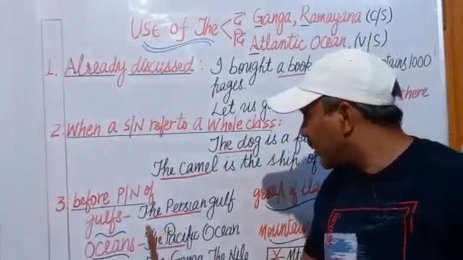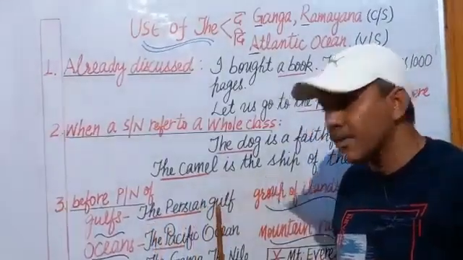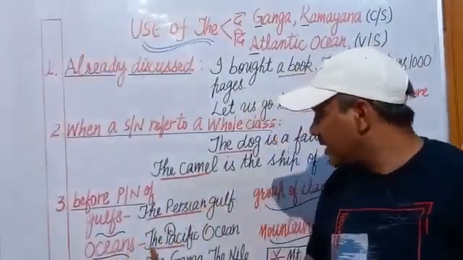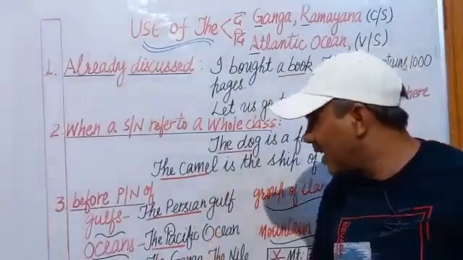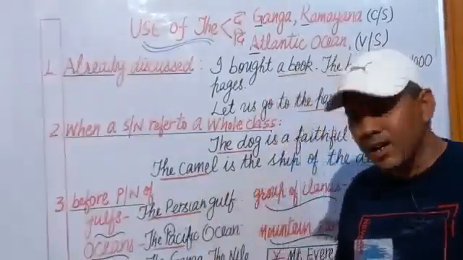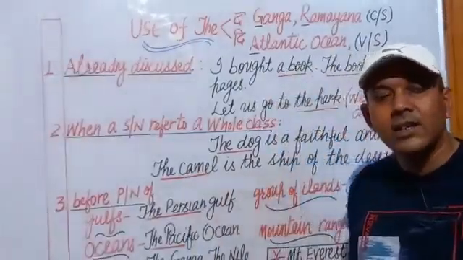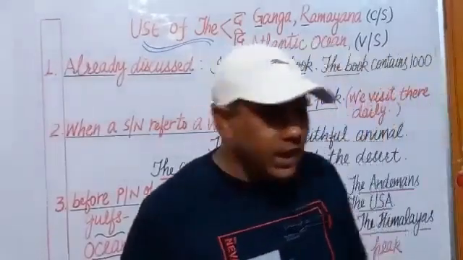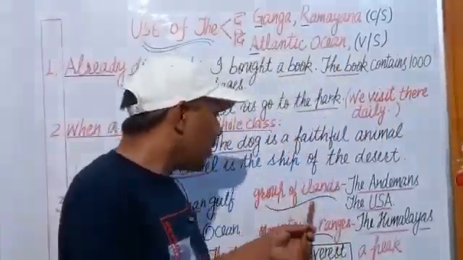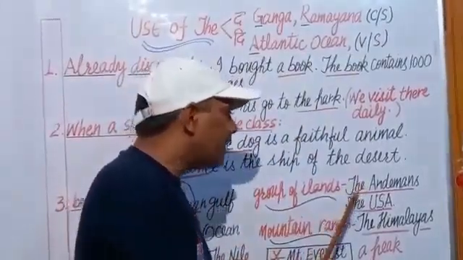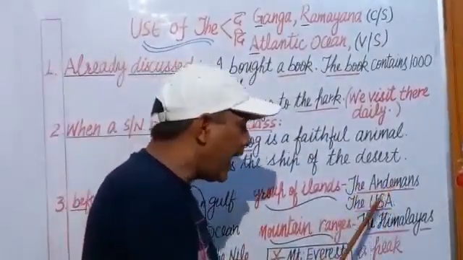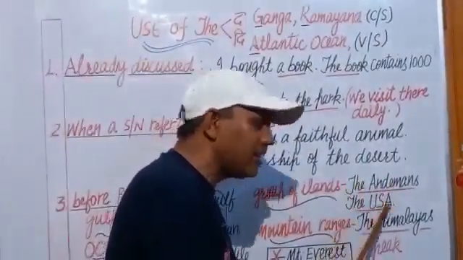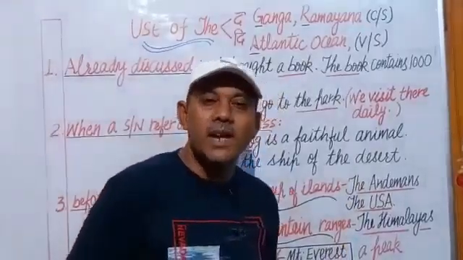For example, the Persian Gulf. Oceans, the Pacific Ocean. Rivers, the Ganga, the Nile, the Yamuna, the Kaveri. And group of islands, for example, the Andamans and the USA, the United States of America.